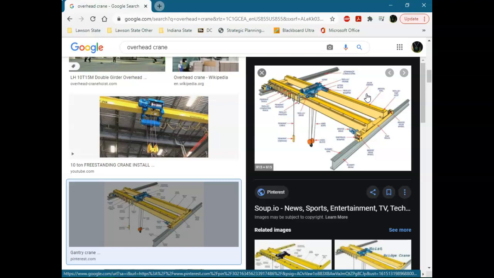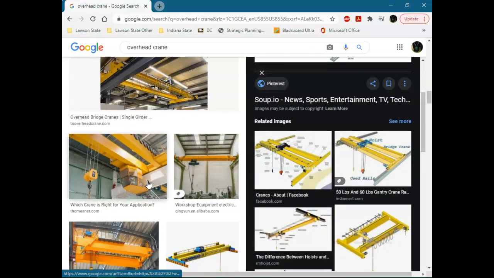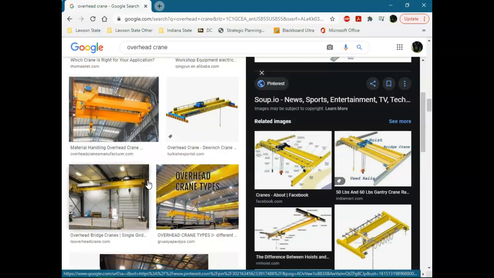Why? Because they're having to move the whole mass of that crane. The second movement is the ability for it to move left to right. That's pretty quick response time. And the ability to move that hook up and down is pretty quick.